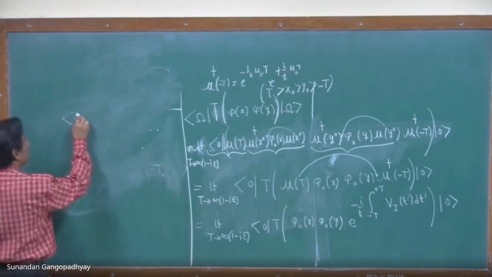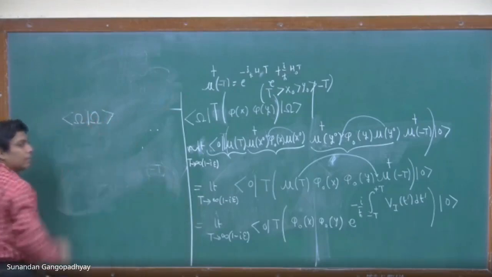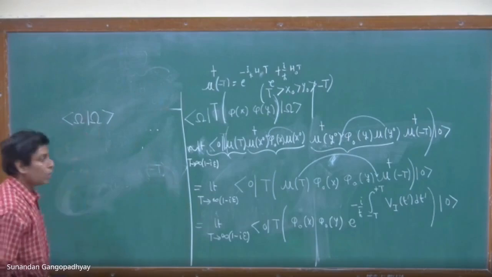So you calculate this overlap ⟨Ω|Ω⟩. What is this?